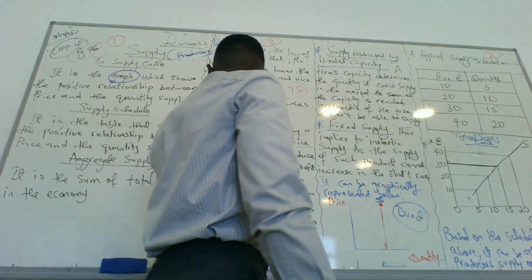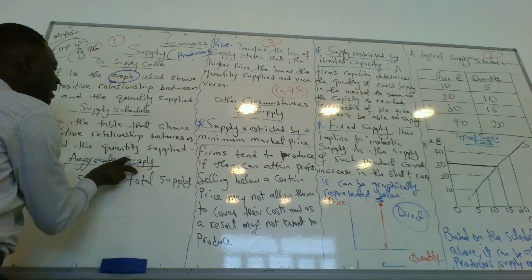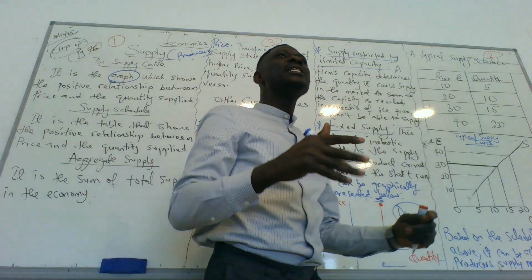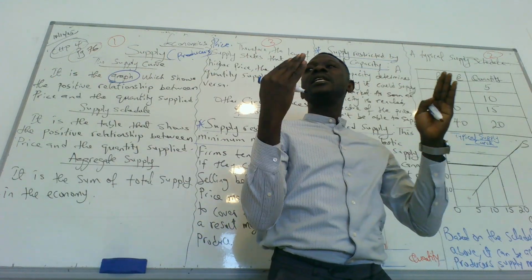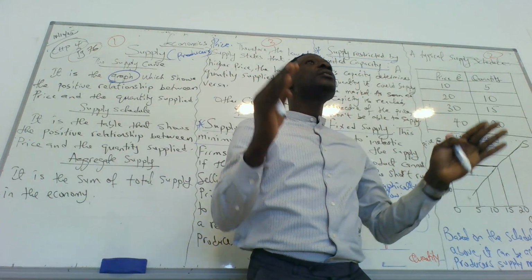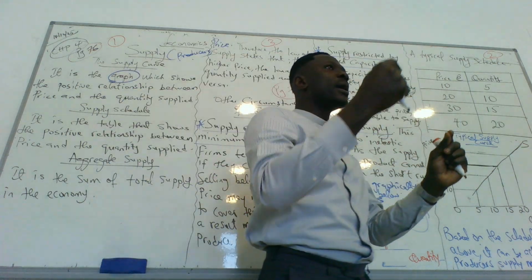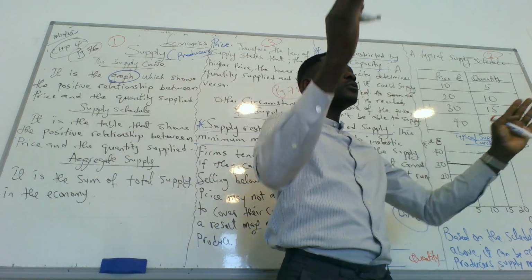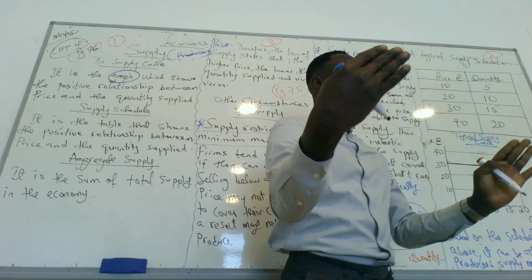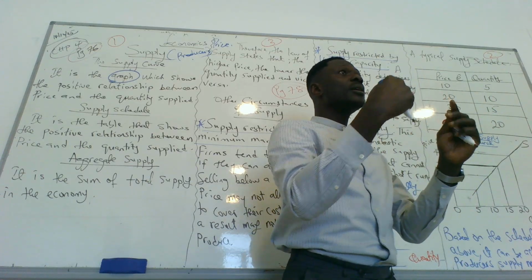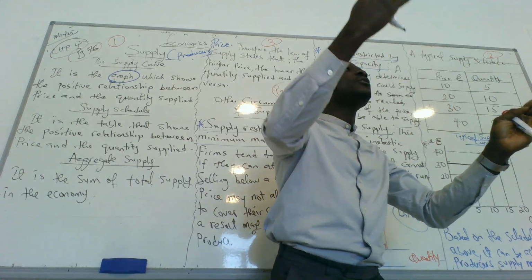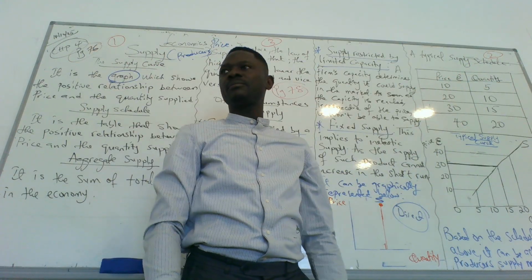Great. Then we have aggregate supply. Aggregate supply is the sum of supply in the economy. Supply itself is just supply in the market. ISM is a school. The supply of services from ISM is one. The market supply is ISM and other schools together.